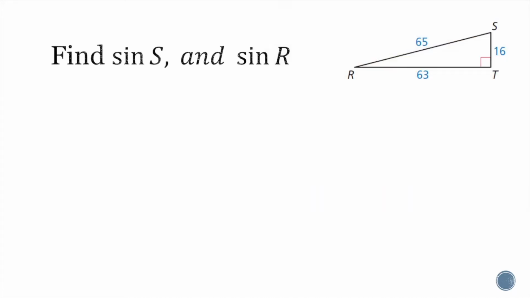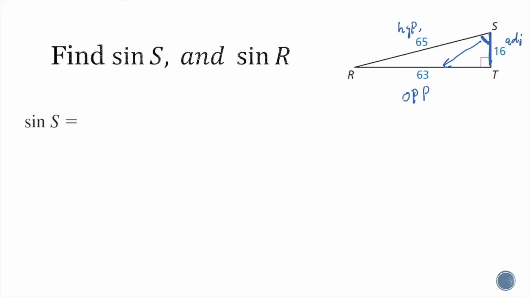So here I have my angle S. The opposite side to angle S is 63. The adjacent side is 16. And this is my hypotenuse.